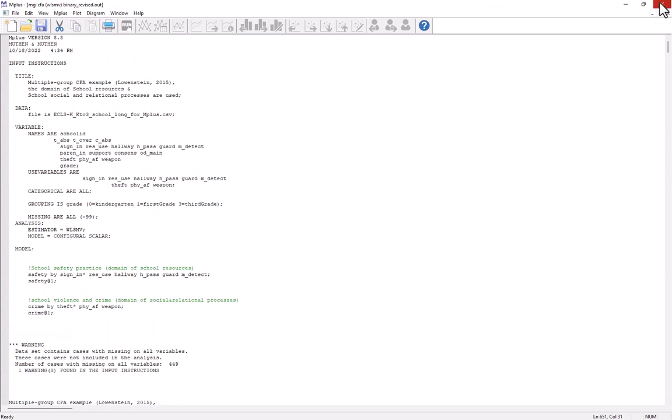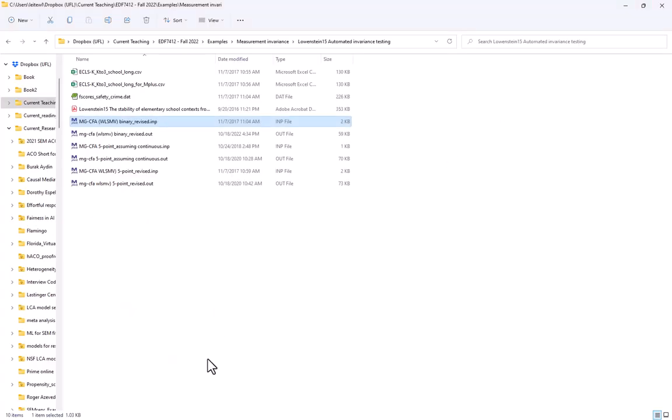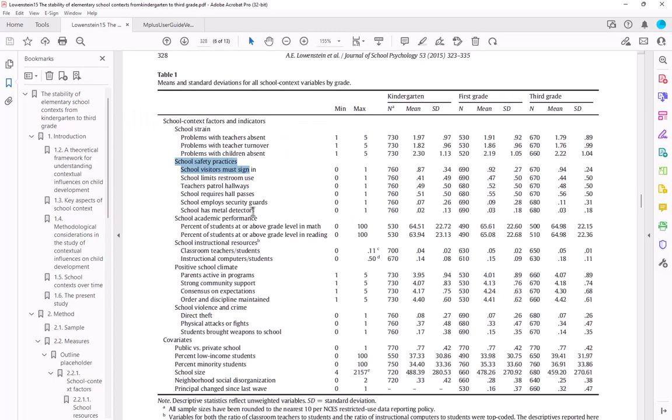Now I'm going to show you the same automated test for measures with 5 categories. Okay, so also from the article here we have some measures with 5 categories.